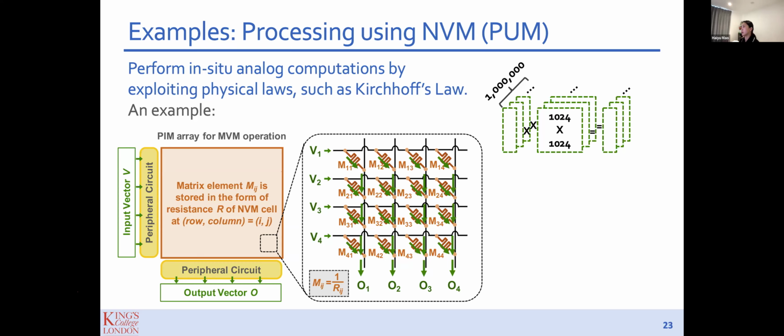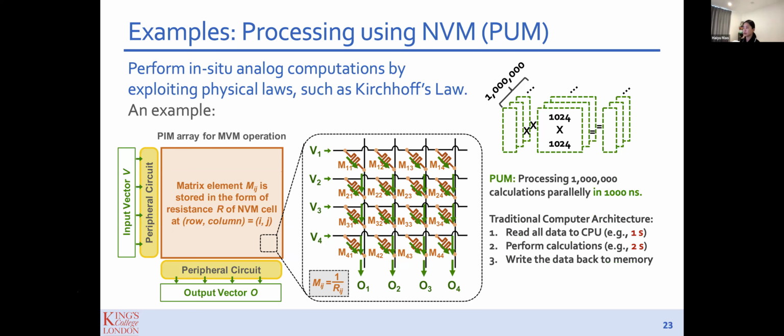When we need to do, let's say, 1 million vector-matrix multiplications, in processing using memory we can do all of these 1 million calculations in parallel in, for example, 1,000 nanoseconds.